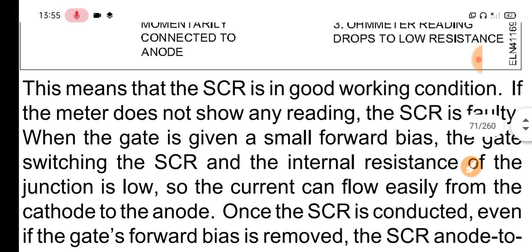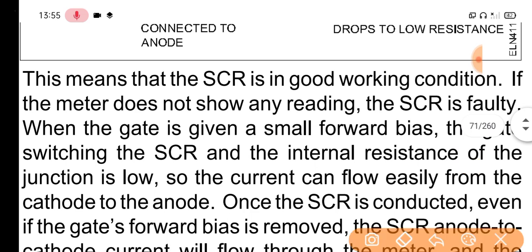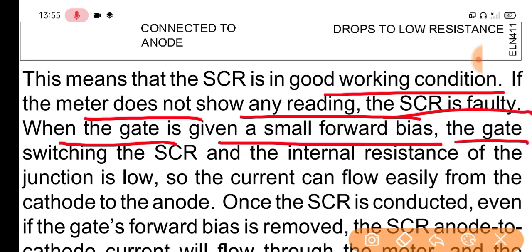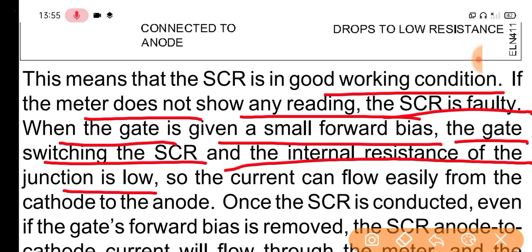This means that the SCR is in good working condition. If the meter does not show any reading, the SCR is faulty. When the gate is given a small forward bias, the gate switches the SCR on and the internal resistance of the junction is low, so the current flows easily from the cathode to anode.